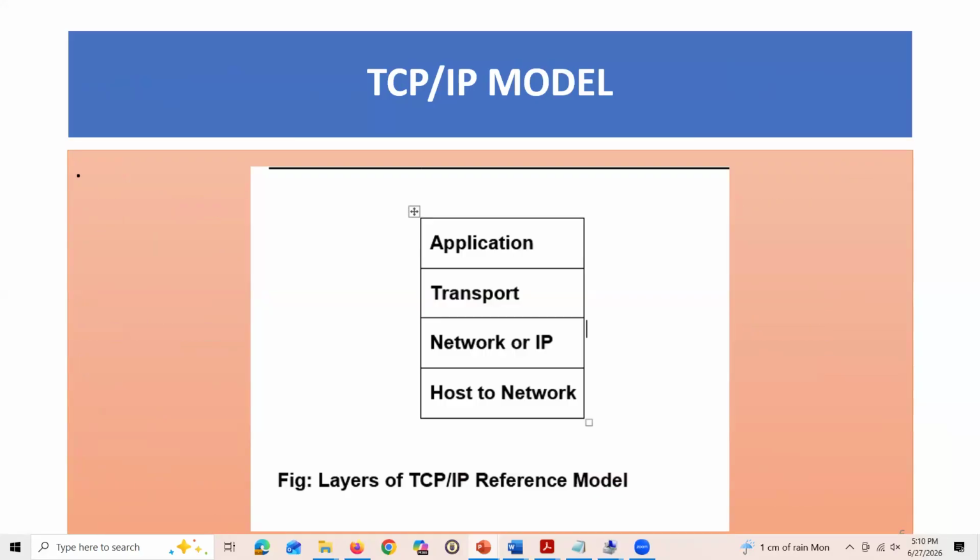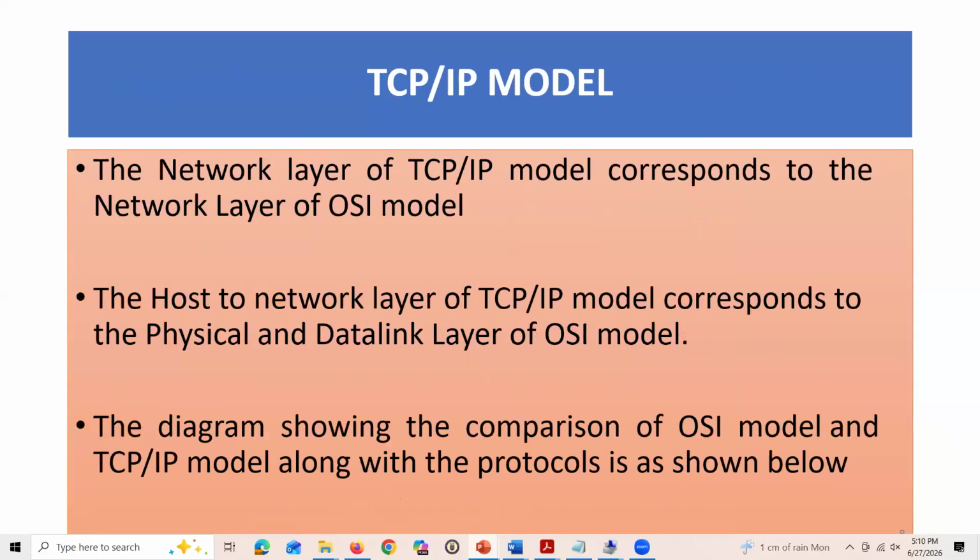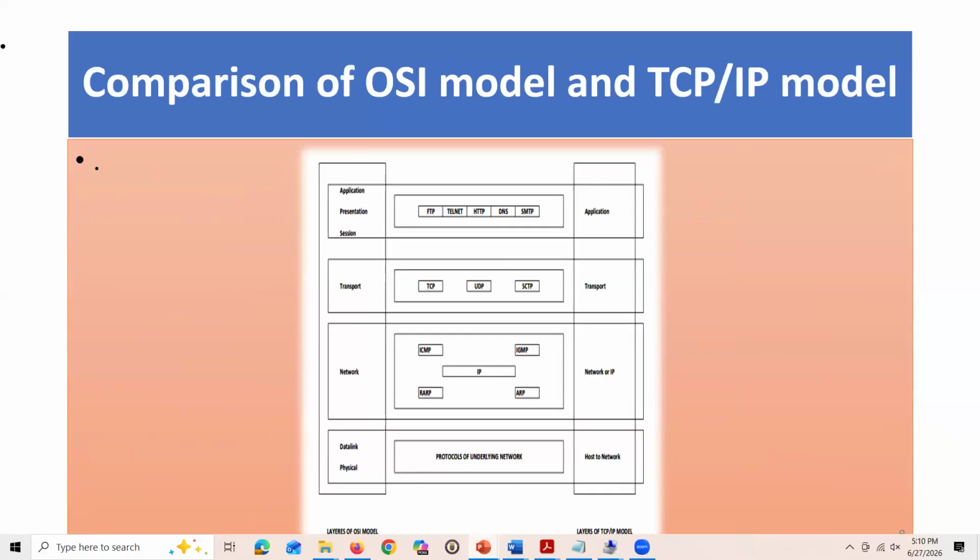Now, the functions of each of the layers remain the same. Application is the layer that is closest to the users and allows users to interact with the system. The function is the same. Protocols that operate on it here, there are more of them. Let me show you. They are here.